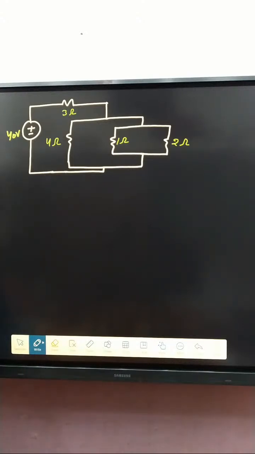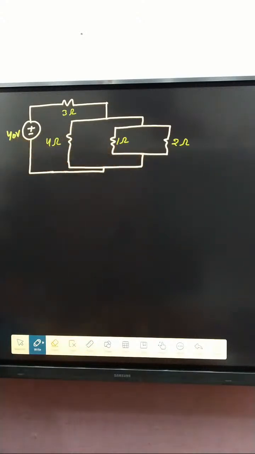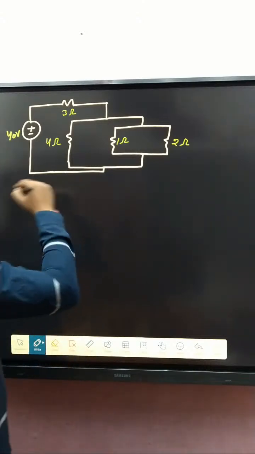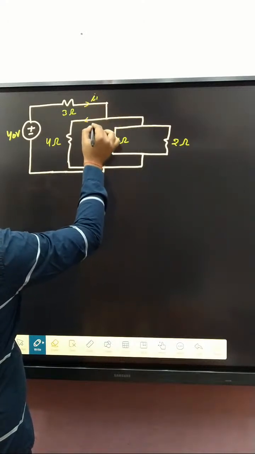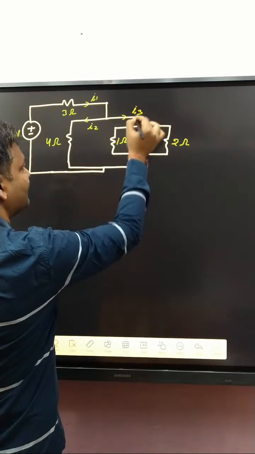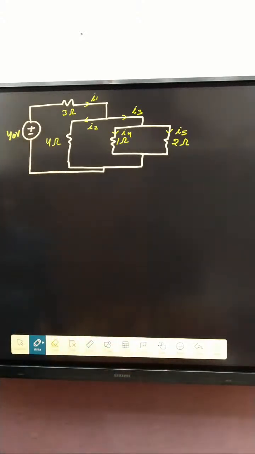So first of all, here 4, 3, 1 and 2, and that is 40. Clear? 1, 2, 3, 4. So how can we determine current in our branches? Means here, what about I1? What about I2? What about I3? What about I4? And what about I5? So first of all, determine that current.